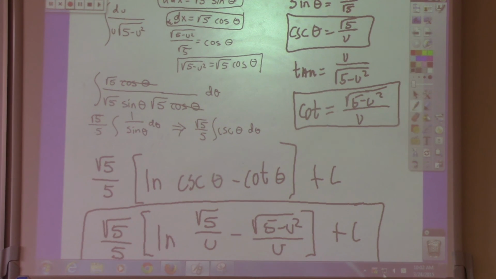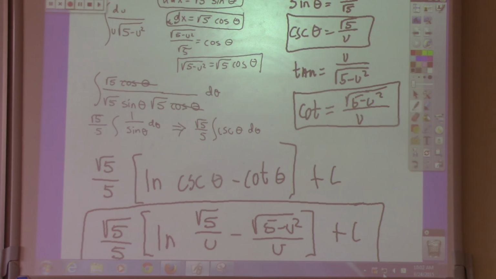Well, see, I found it. They just got the first couple of steps and the last step. That's all they got. Hold on. They've got square root of 5 cosine of theta over square root of 5 sine of theta times square root of 5 cosine of theta. I've got that, right? Yeah. Well, the square root of 5 cosine of theta, they basically cancel out.